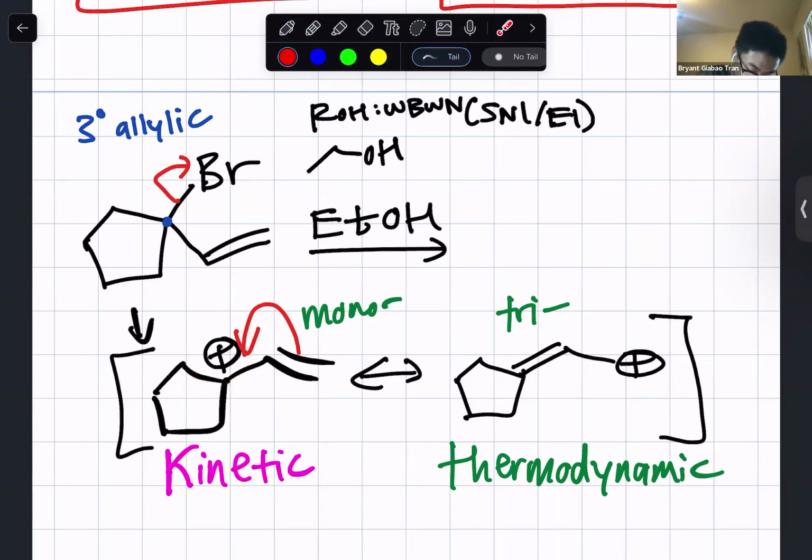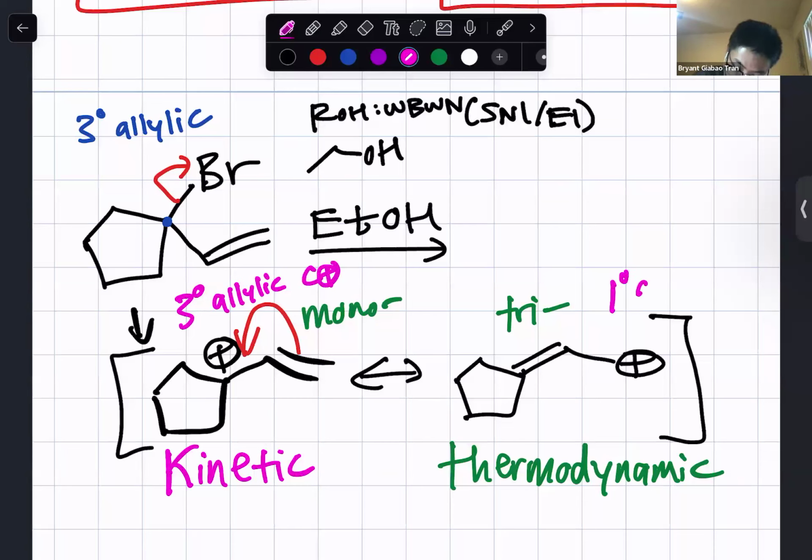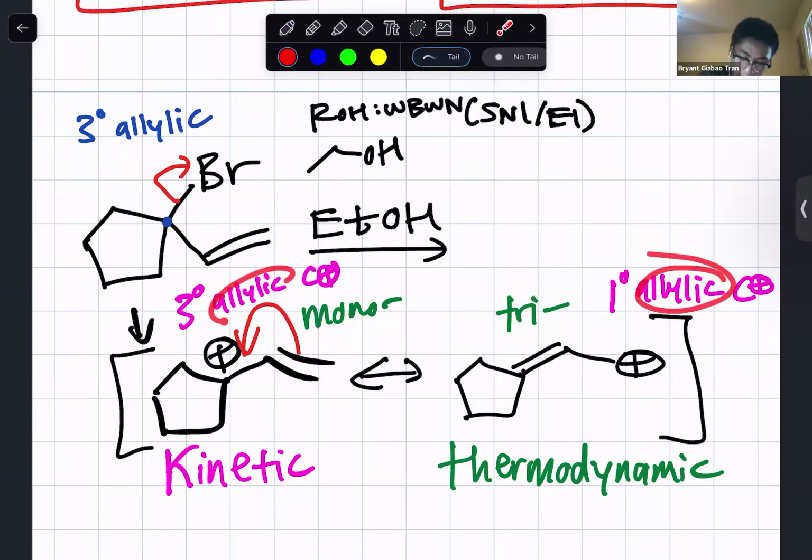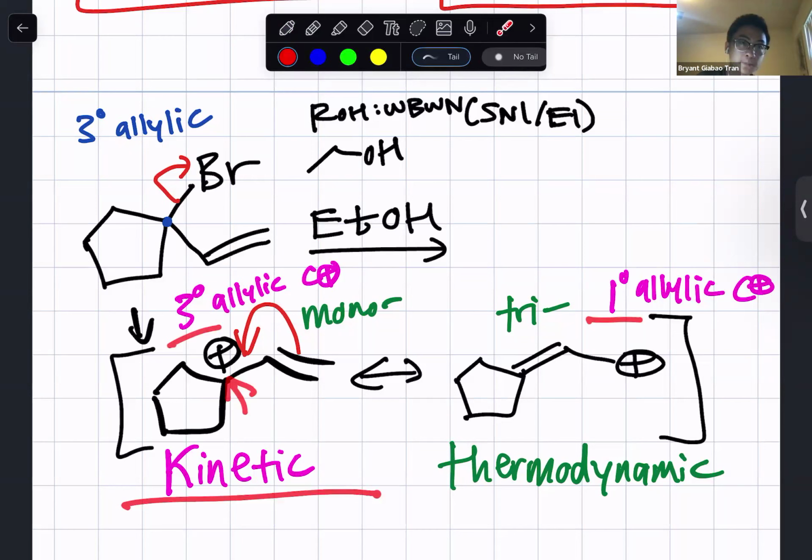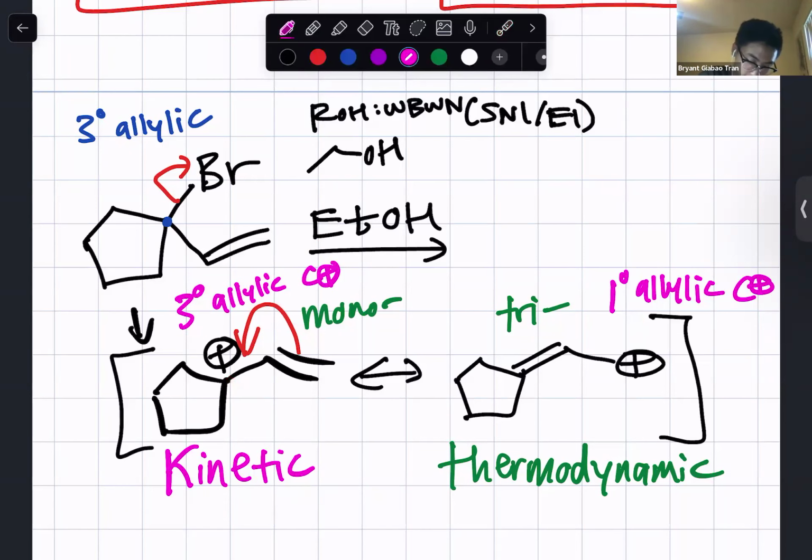This carbocation intermediate here is tertiary allylic carbocation, whereas this carbocation here is primary allylic carbocation. They're both allylic, so we ignore that factor since they both can do resonance. Then we look at the hyperconjugation or substitution factor. Tertiary is more stable than primary, which is why this carbocation is more stable, which would give us the kinetic product. Right.